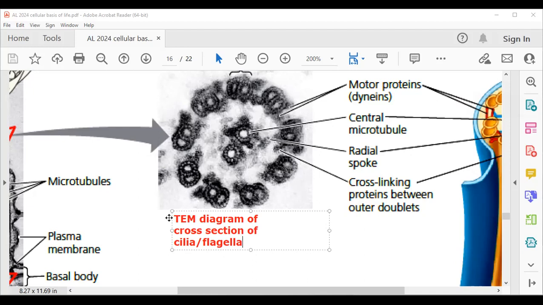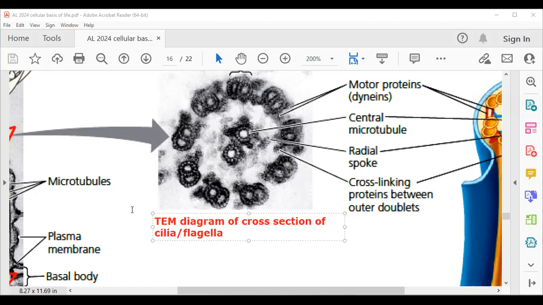In the exam paper, they might project this one and ask what it is. Then the answer you provide should be perfect. Some children write cilia, flagella, but they will not get marks for that.